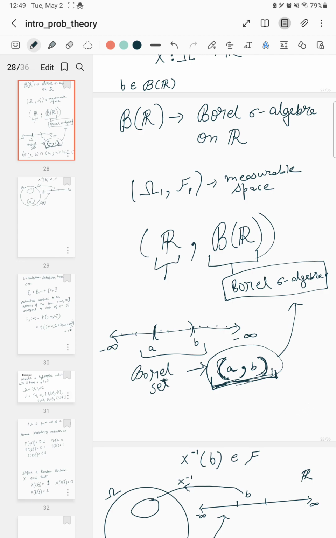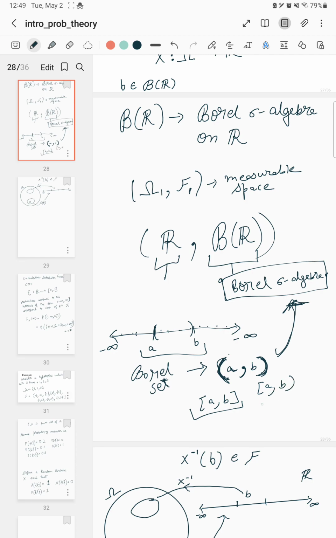So the collection of all such Borel sets forms a Borel sigma algebra. You can verify that the Borel sigma algebra satisfies the property of being a sigma algebra. And from our Borel sets and Borel sigma algebra video, you would also know that the closed interval A to B also is a Borel set.